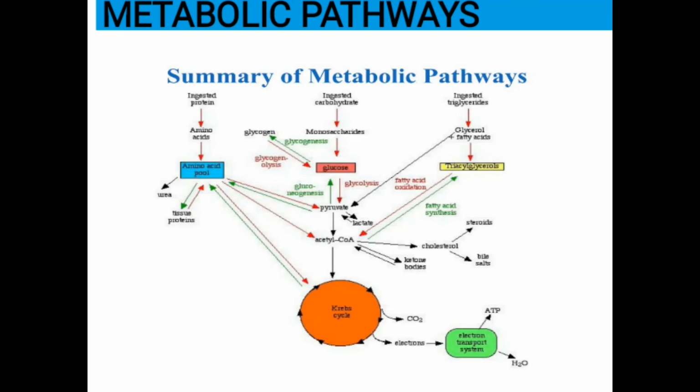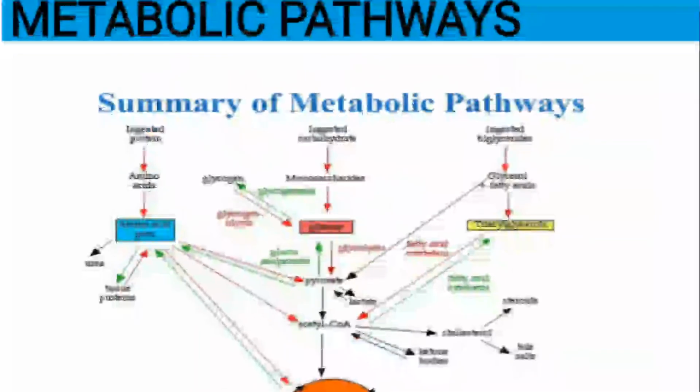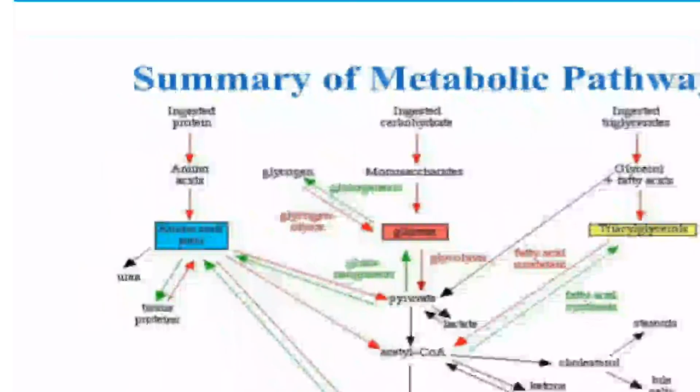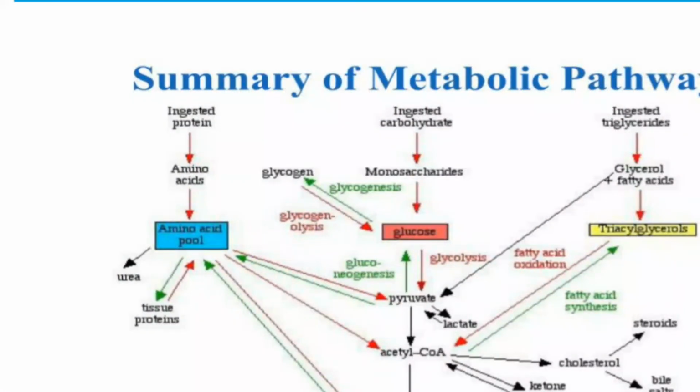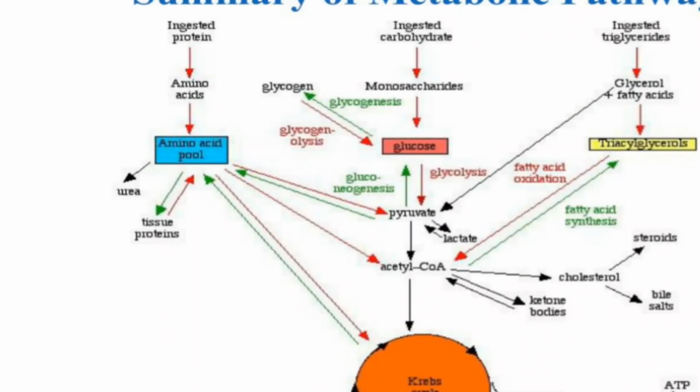Okay, so now let's look at the summary of metabolic pathways. What do we see? For example, if you ingest proteins, proteins will be broken down into amino acids, and these amino acids are going to form the amino acid pool. From the protein synthesis, where amino acids have been broken down under chemical reactions within the cell, we tend to produce urea.